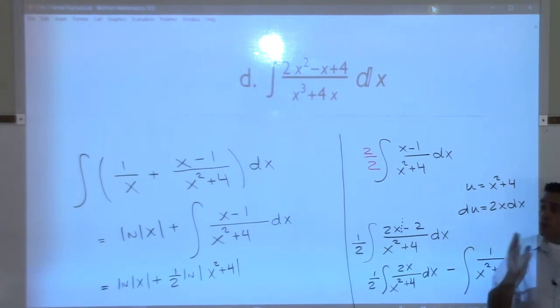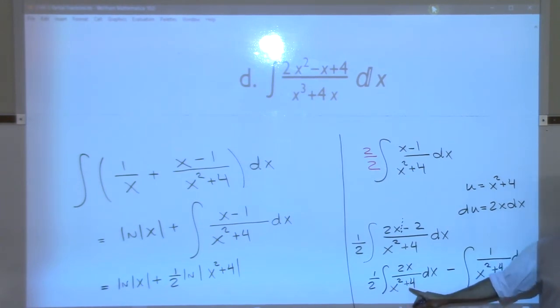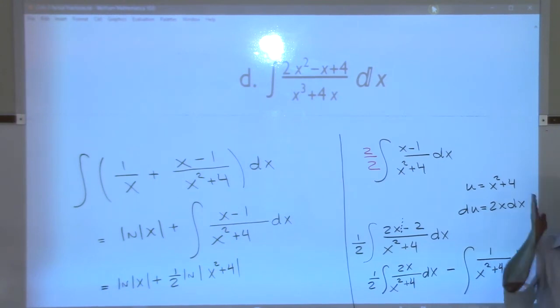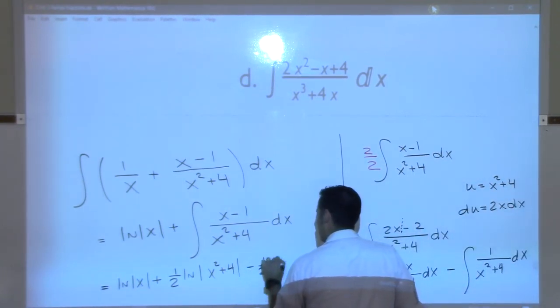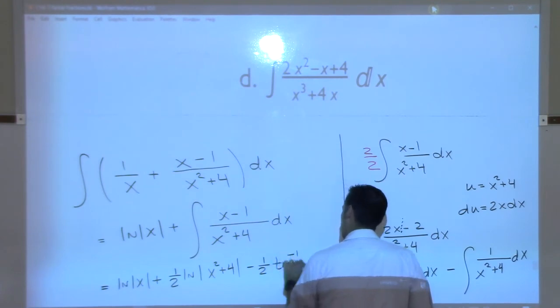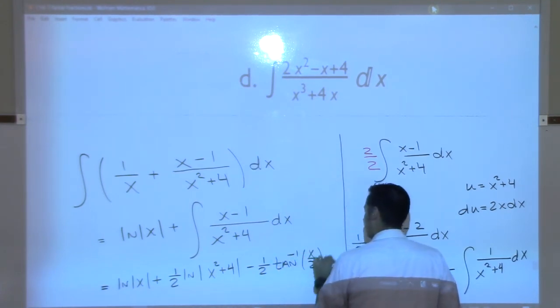Yeah, so you're always supposed to put it there, but with this particular problem, x squared plus 4 is never negative. So the absolute value is not necessary. But it doesn't hurt to have it. Okay, we'll put it there. And then keep going. And then minus 1/2 arctan of x over 2 plus c.